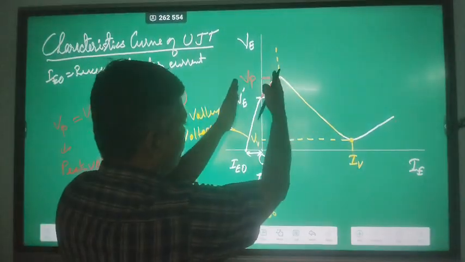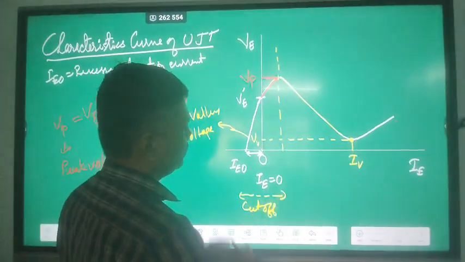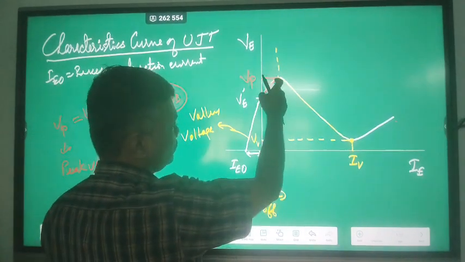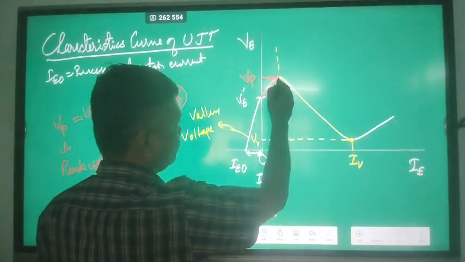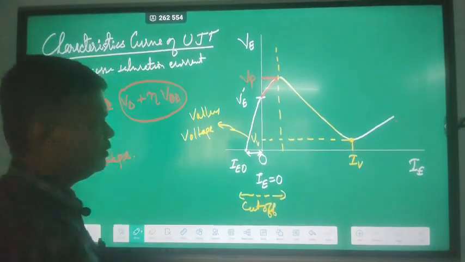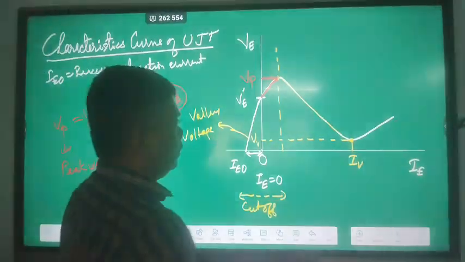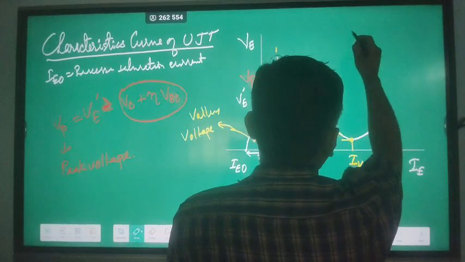So you can take this portion as cutoff. Though it is not actually cutoff, we can consider this to be cutoff because after this point only the current increases very rapidly.